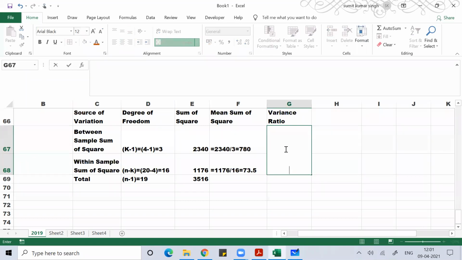What is your variance ratio? Variance ratio is nothing but the mean sum of squares you got for the column, the mean sum of squares of this treatment.